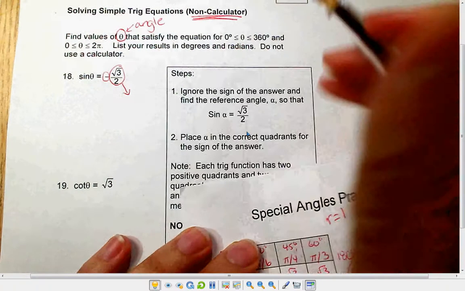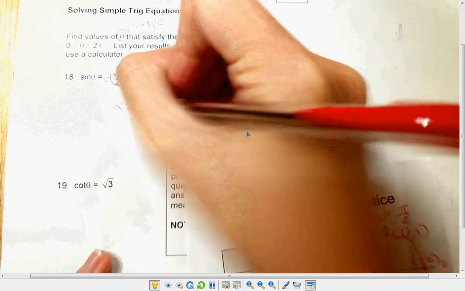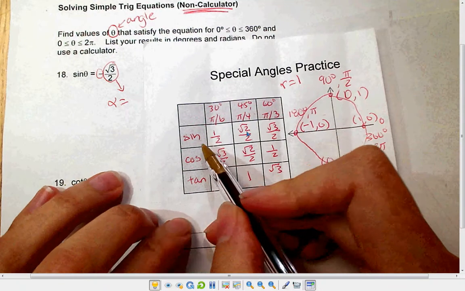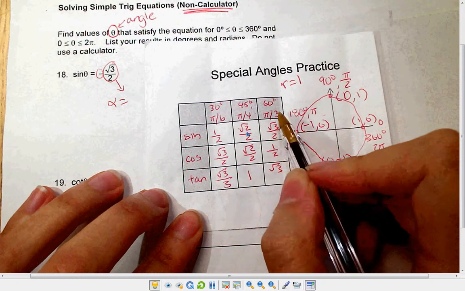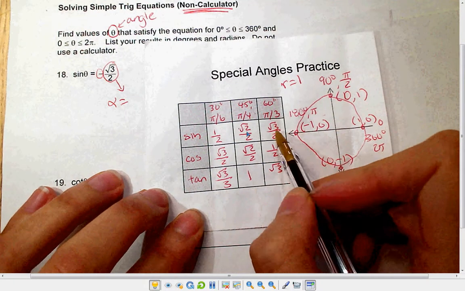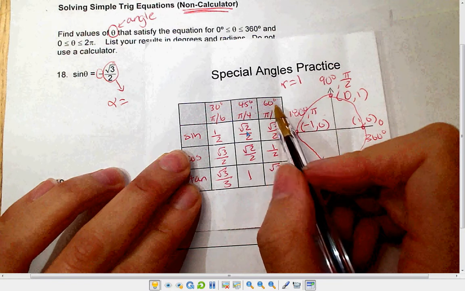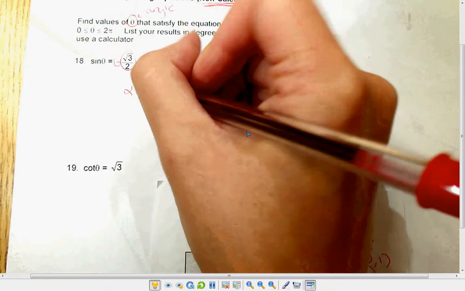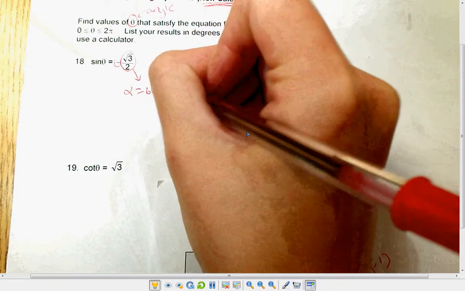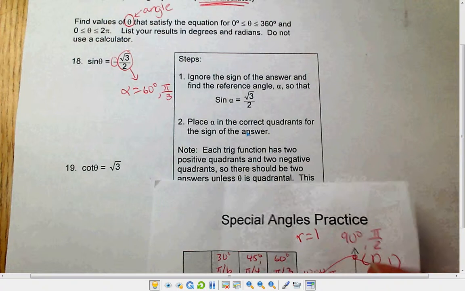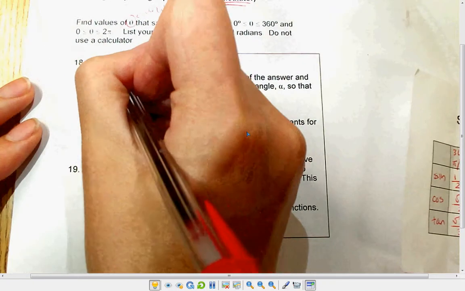So we're looking for our reference angle here. Looking at our chart, we're looking at the sine. Root 3 over 2 is when your reference angle is either 60 degrees or pi over 3.